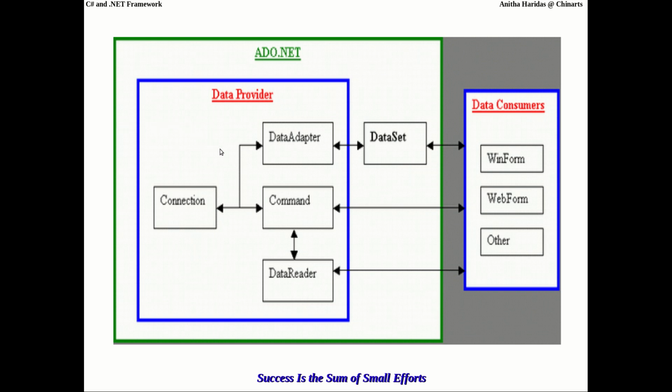The database will be communicating to ADO.NET and ADO.NET will communicate to the applications. And your ADO.NET contains two major components. One is called the data provider, the other is called the data set. Your data provider contains the connection object, command object, data adapter and data reader.